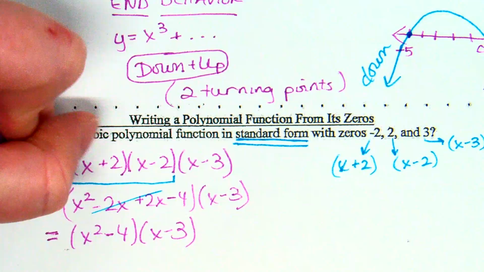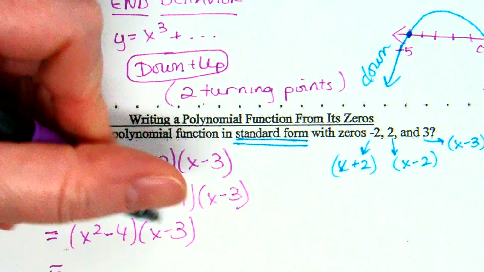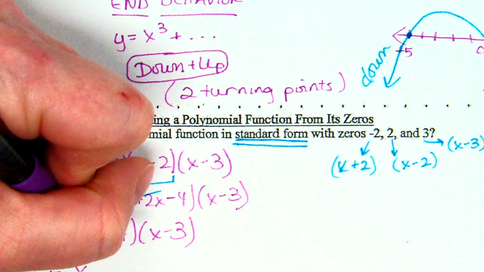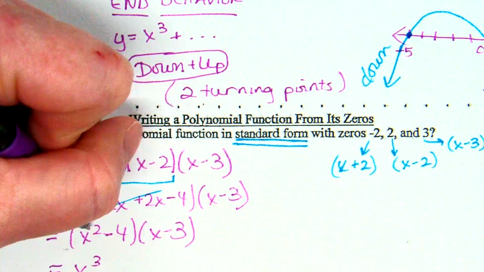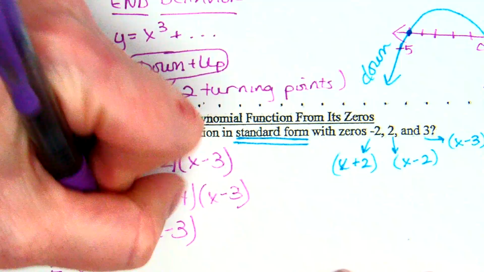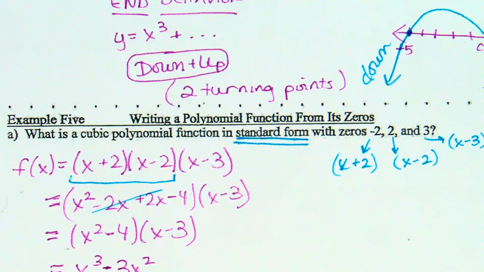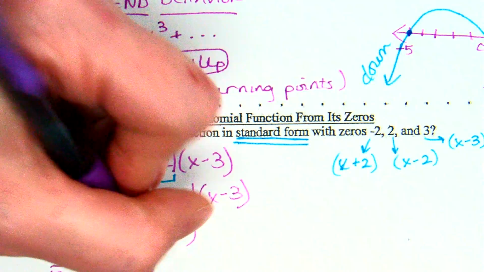And now what? FOIL again. x squared times x, x to the third. x squared times minus 3, minus 3x squared. Insides, minus 4 times x, minus 4x.